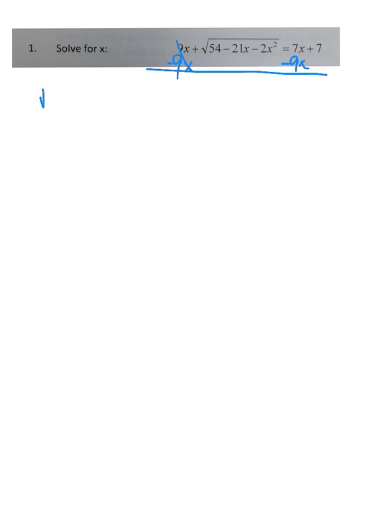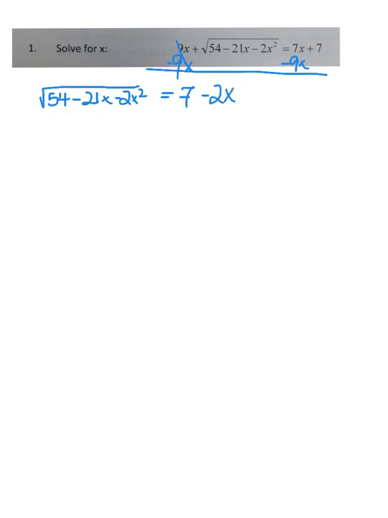I'm going to get the square root of 54 minus 21x minus 2x squared, and that's going to equal, I'm just going to rearrange this a little bit. I'm going to put the 7 first, and then I know 7x minus 9x is negative 2x.